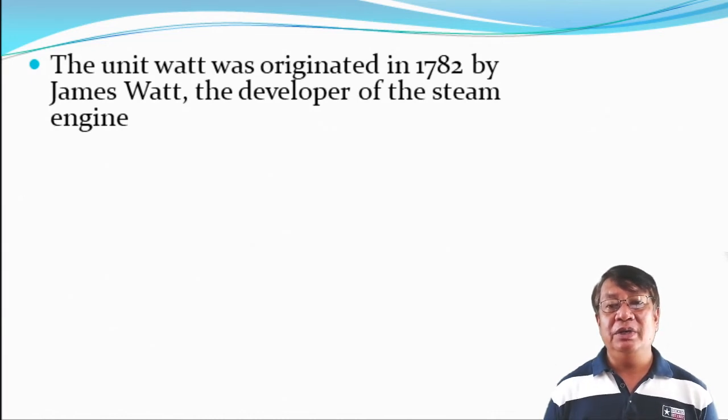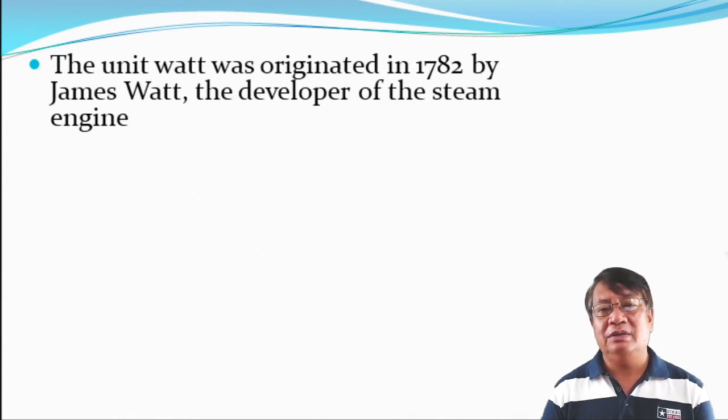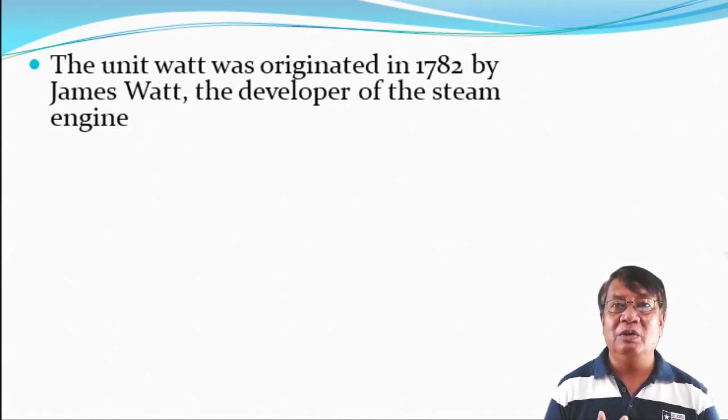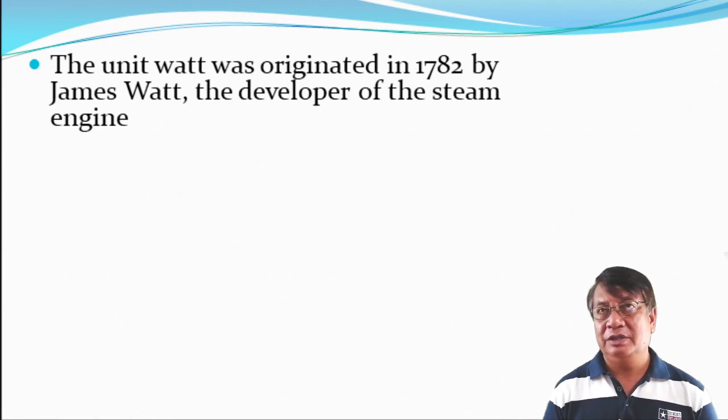Okay, so the unit watt originated in 1782. It was from James Watt, who developed the steam engine. James Watt developed the steam engine because, according to history, there was a water well, and James Watt tried to convert the effort of the horse, which was used to pump or bring the water up.